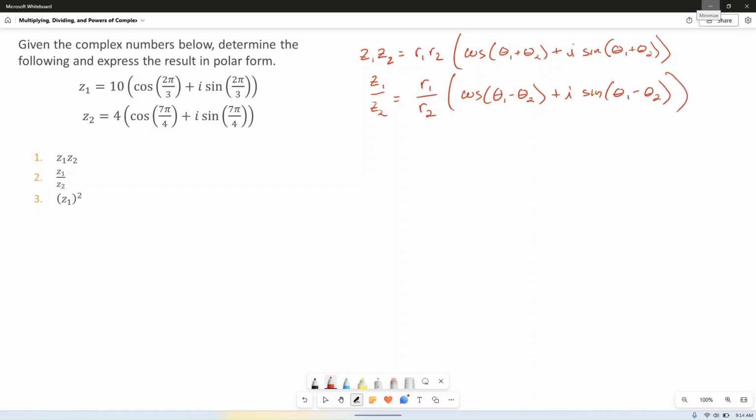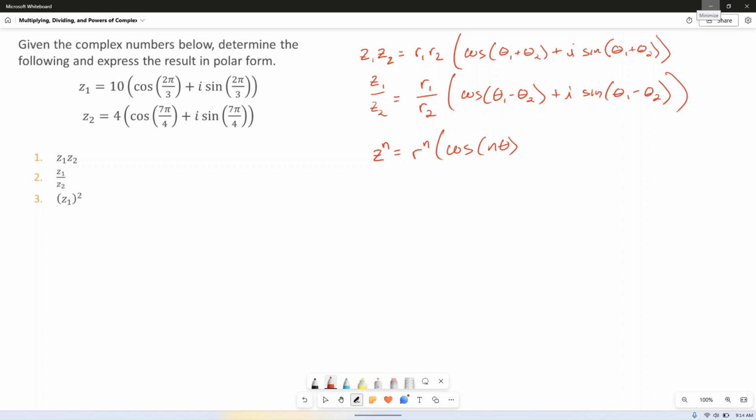And just again, to do powers, if you have z to the nth power, remember, powers are the same thing as just multiplying. So if you raise something to an nth power, that means you multiply it by itself n times. And if you multiply two numbers, you multiply the radiuses. So we're going to have r to the nth power times the cosine of n theta.